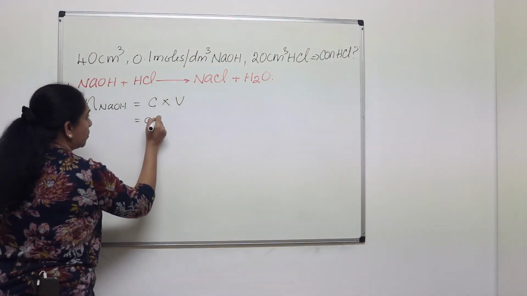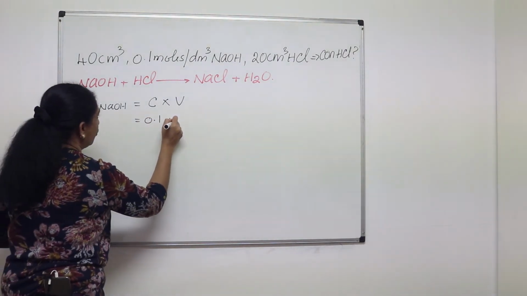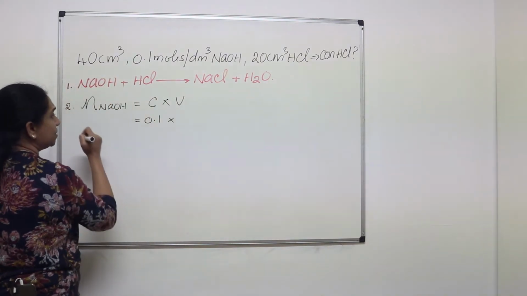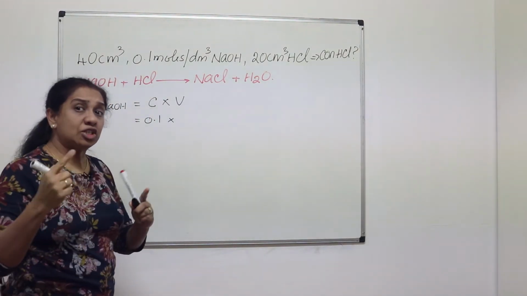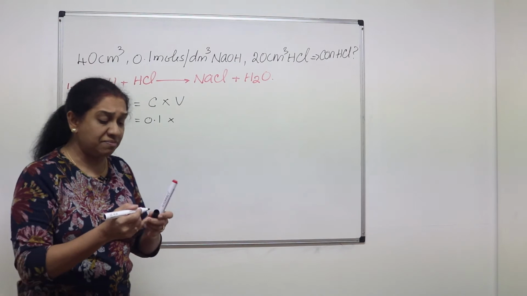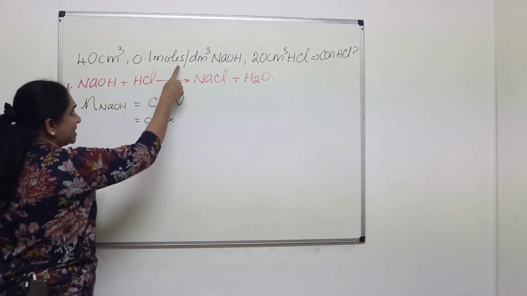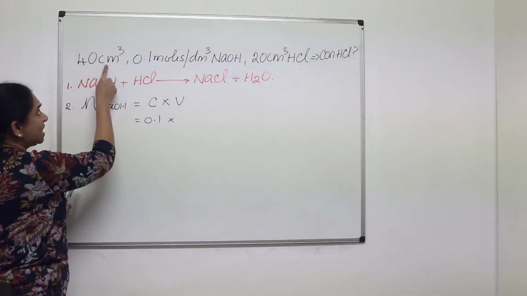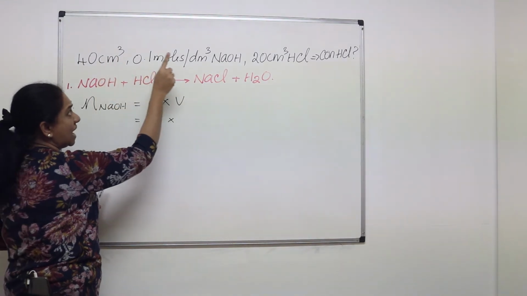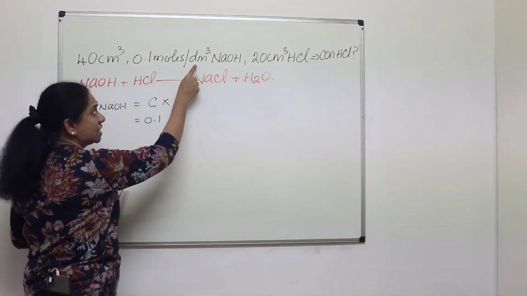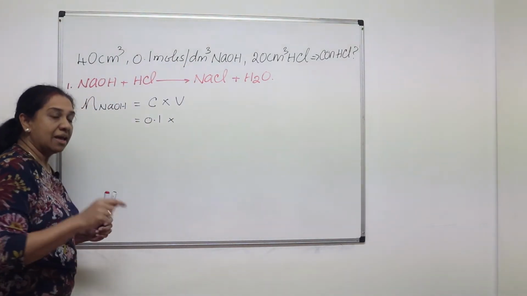Concentration is 0.1 and the volume is 40 cubic centimeter. We need to convert it into cubic decimeter because you can see here the volume is given in cubic centimeters and the concentration is given in cubic decimeters.